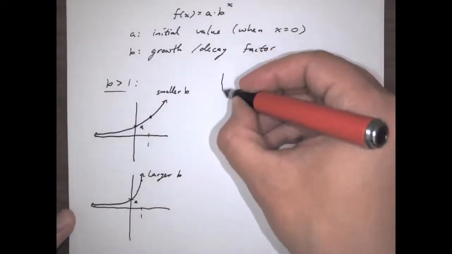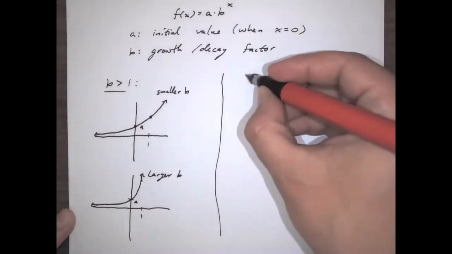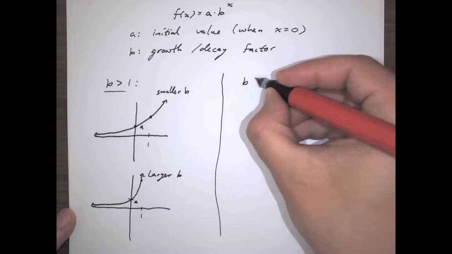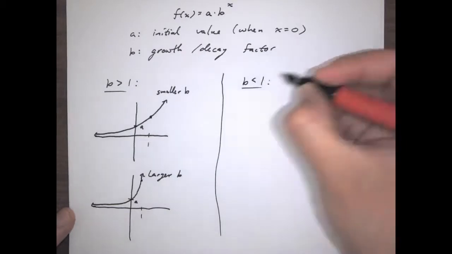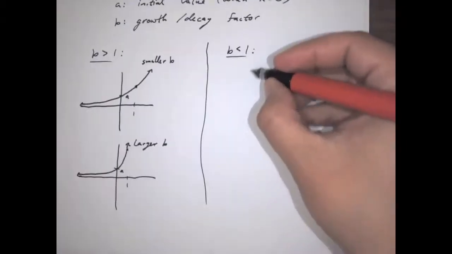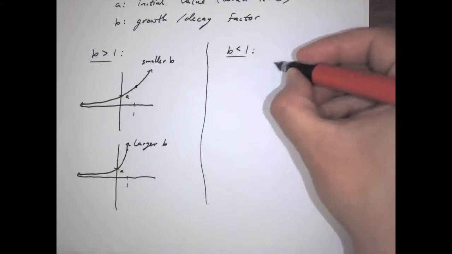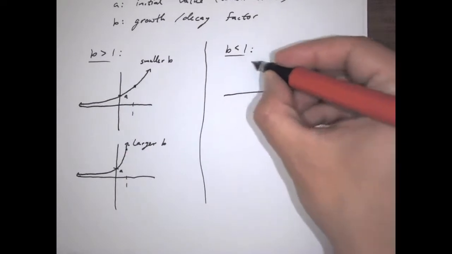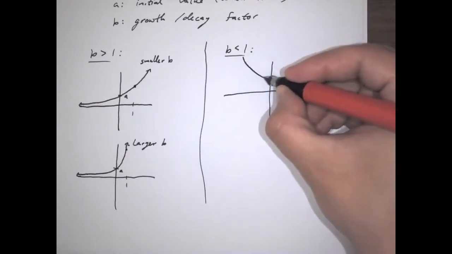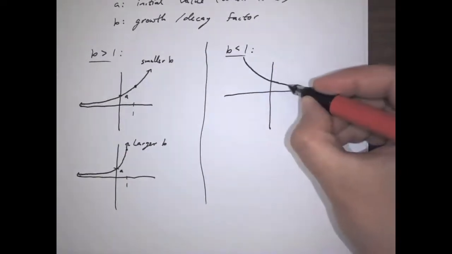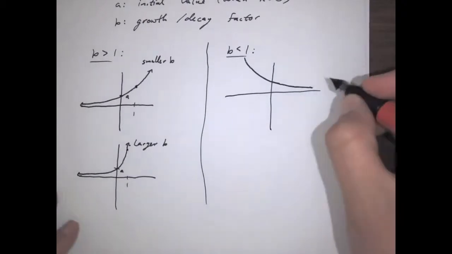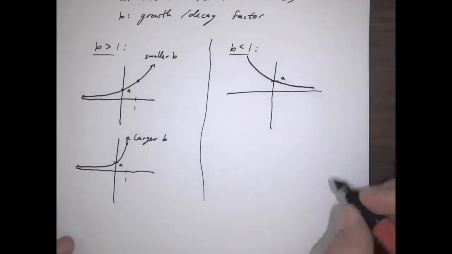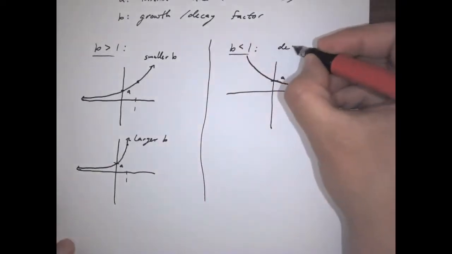Now, if B is less than 1, then the entire situation is literally reversed. What we end up with is exponential decay. And this one still goes through A. So this is decay.